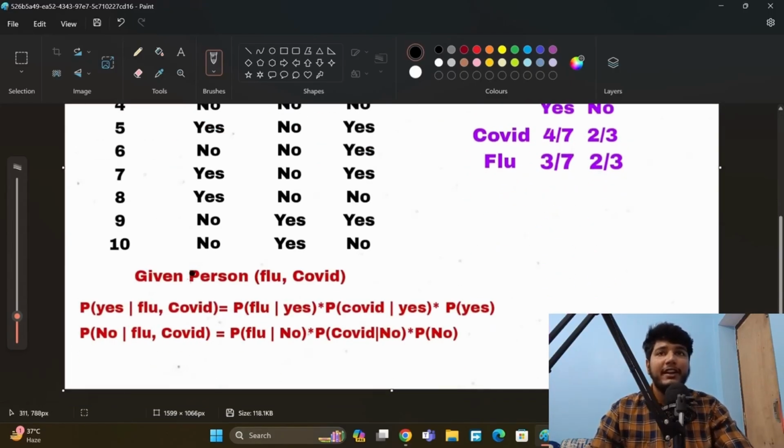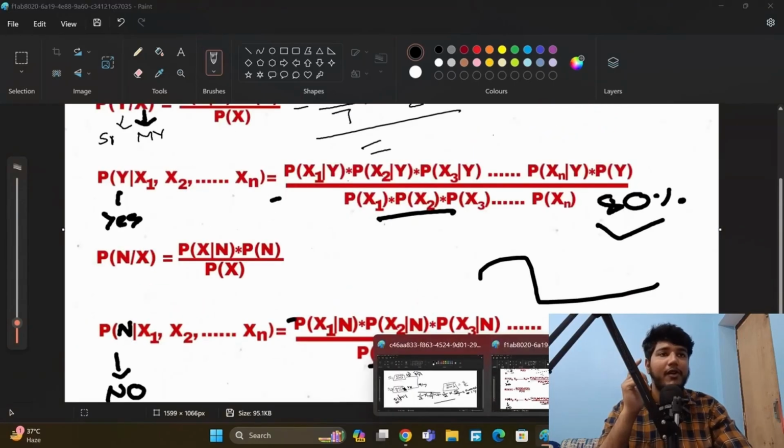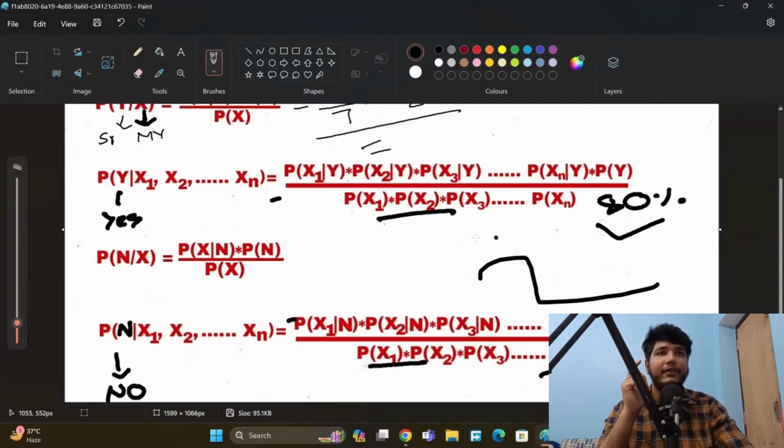Here we get a person's data, a person who has flu and COVID. First we check whether this person has fever or not, and we get the percentage using the formula you have seen before.